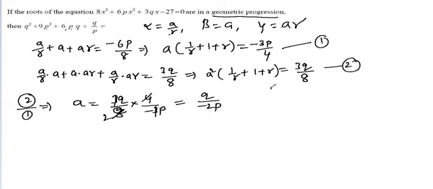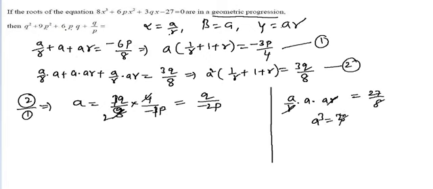And we write the product of the roots. Product of the roots means a by r into a into ar, that is equal to 27 by 8. So r cancelled, that is a cube is equal to 27 by 8.